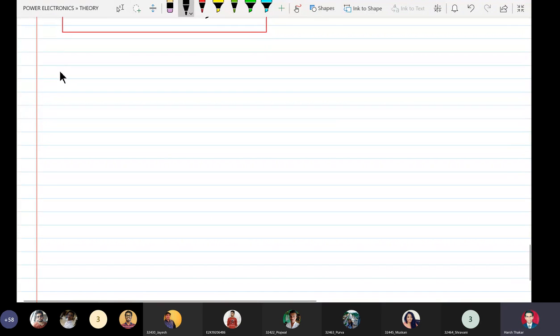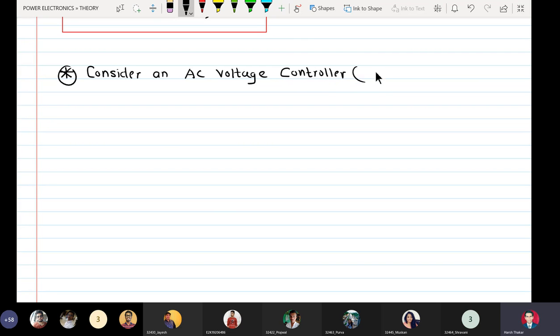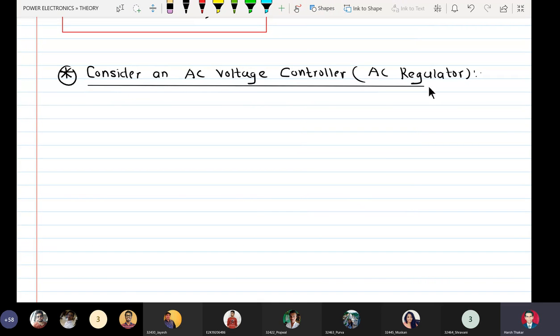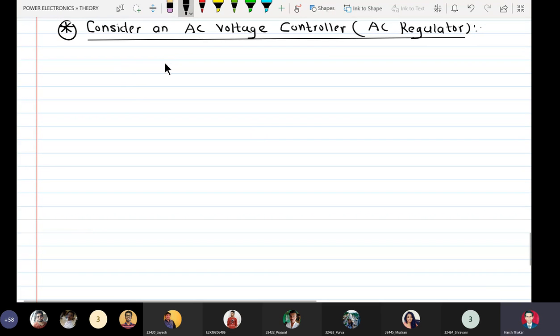Now if we consider an AC voltage controller, also known as AC regulator, the circuit is like this.